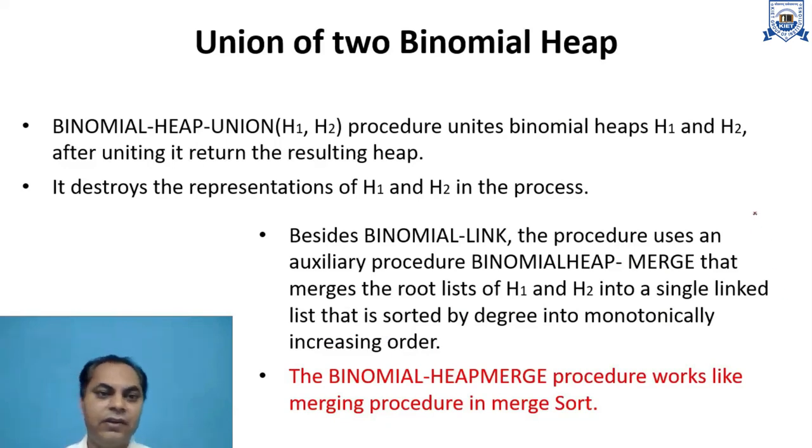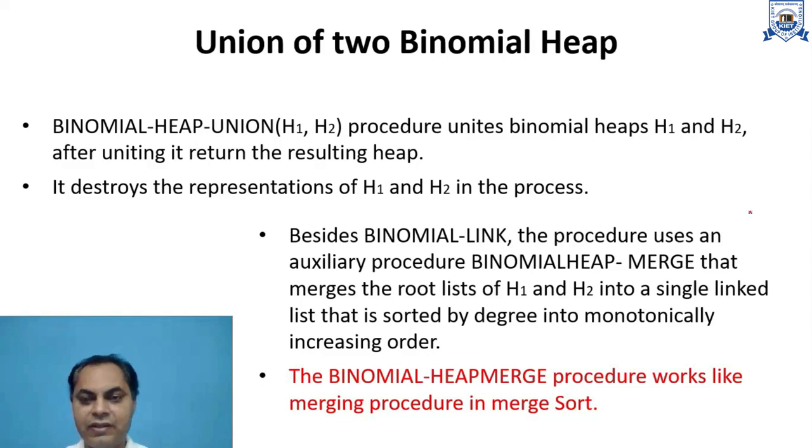Now the binomial heap union operation considers two binomial heaps H1 and H2 and unites them into a single binomial heap. After combining those two binomial heaps, it destroys the representation of H1 and H2. In this procedure we use an auxiliary procedure called binomial heap merge.